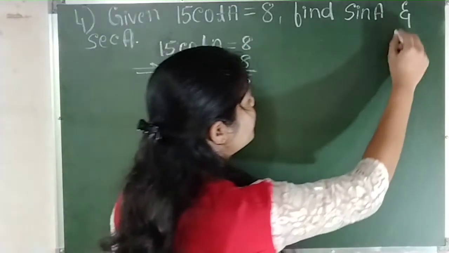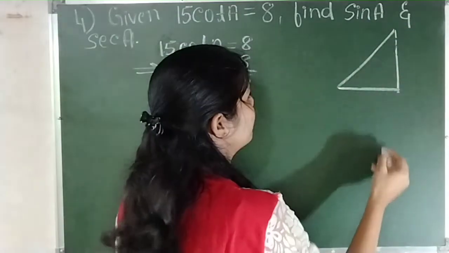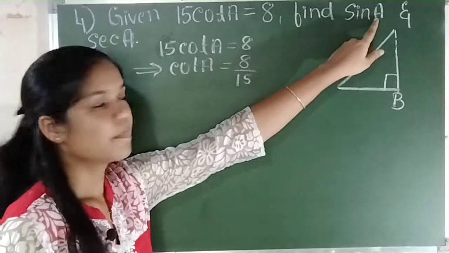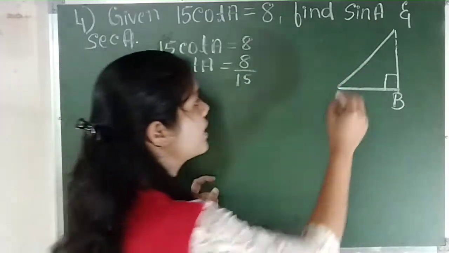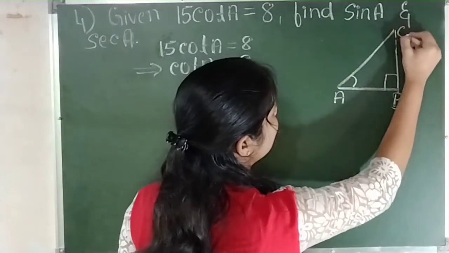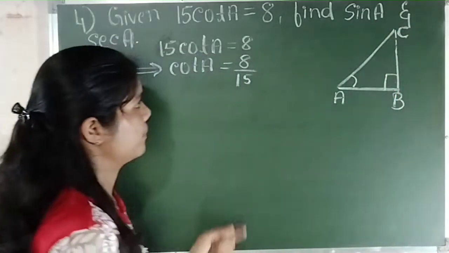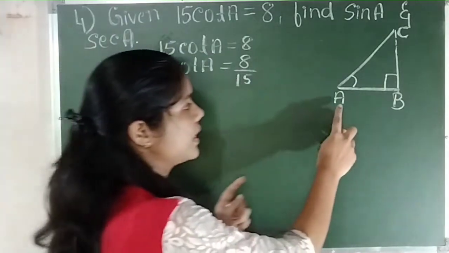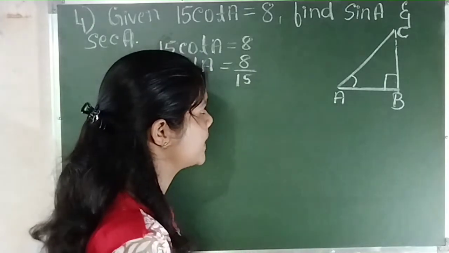The first step is to draw a right angle triangle. Since the angle is mentioned as A, I will consider the angle at A and the remaining side is C. So now let us name the sides of this right angle triangle.